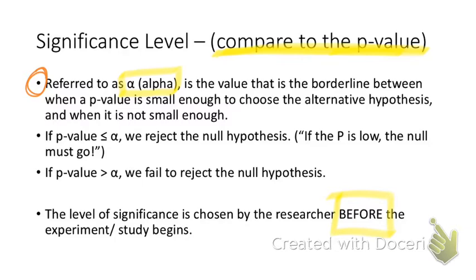That is, if it is above this or below this limit, that's when I'm going to decide to reject the null hypothesis. So if the p-value is less than alpha, we reject. And there's a little phrase. That's the PG version, I guess, but on your paper I wrote, if the p is low, reject the hoe. It's easier to remember. If p-value is greater than alpha, we fail to reject the null hypothesis.